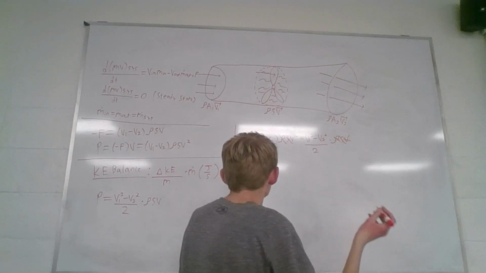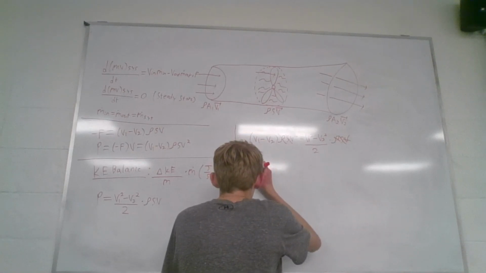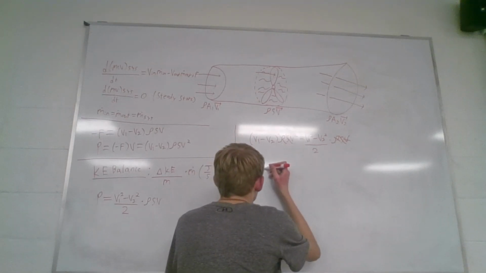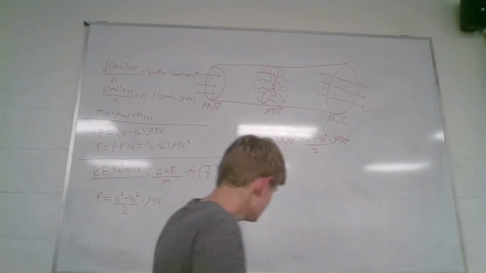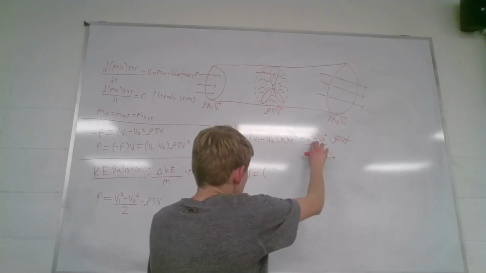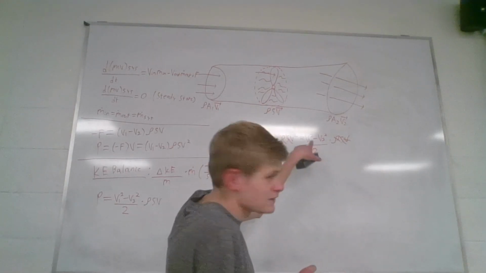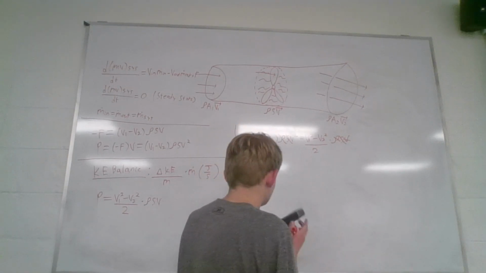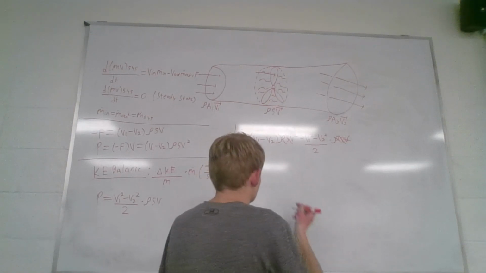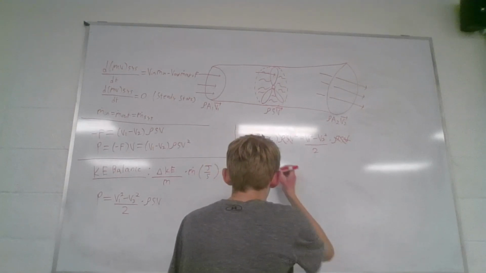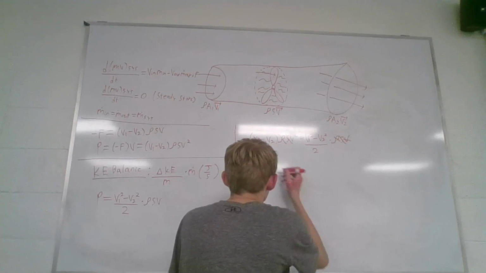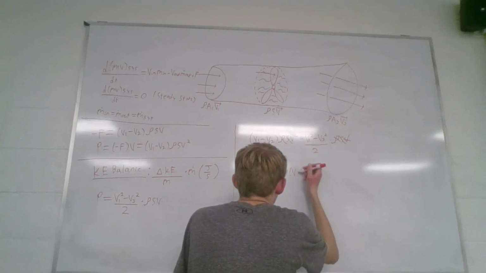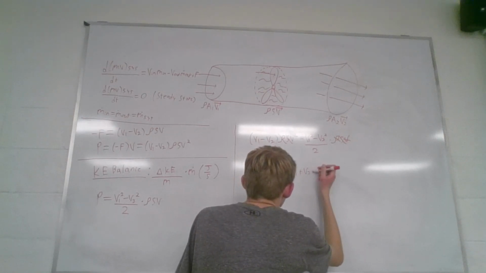So the velocity in the middle is going to be this equation here. And we can expand this out even farther: V1 minus V2, V1 plus V2, or velocity at 2.